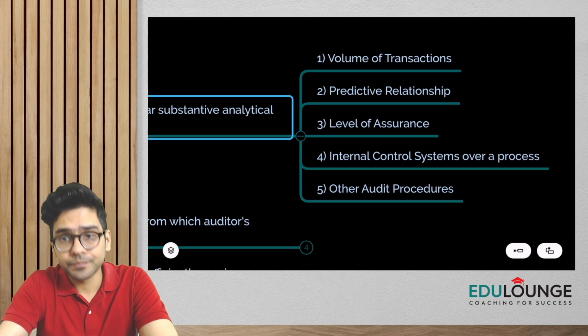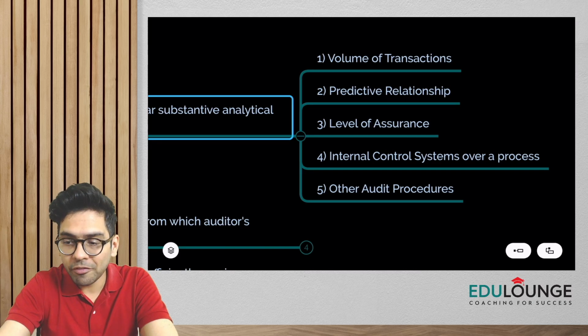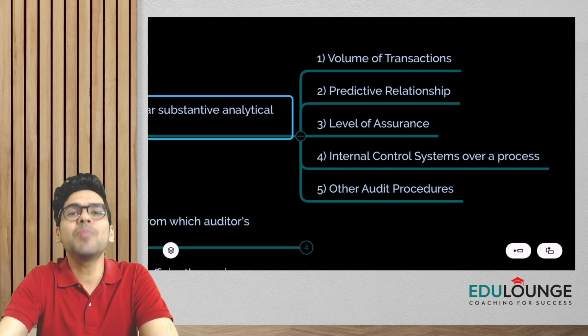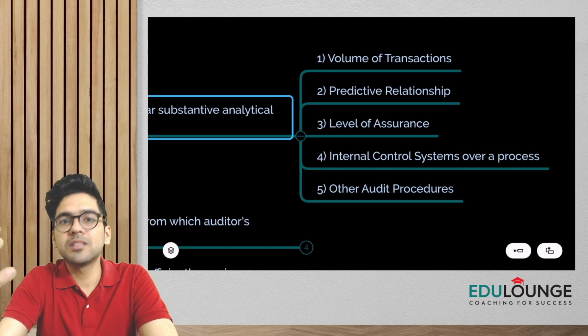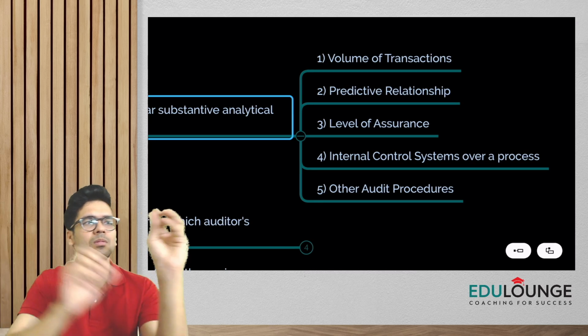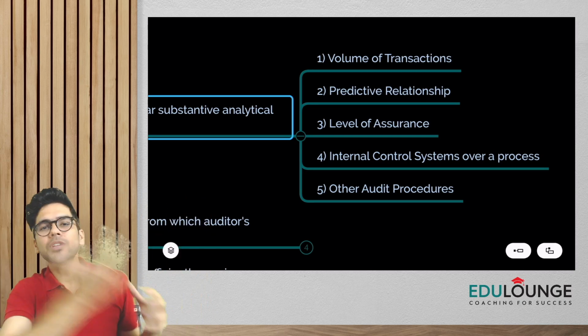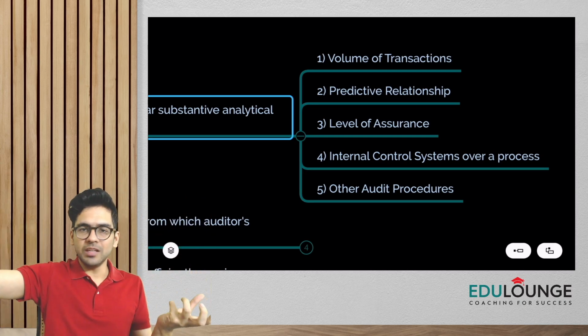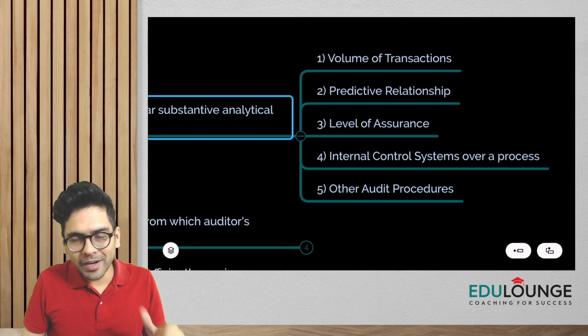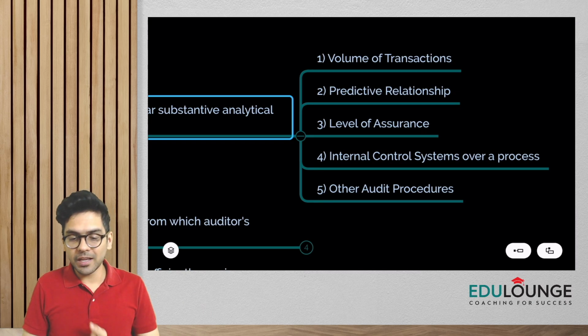Again, whenever you do analytical procedures, you have to see whether there is a predictable relationship. I mean, let's say comparing GST upon sales, somehow you can predict, right? GST is a percentage of the sales amount, so it's predictable. But you just can't predict legal expenses to sales. So if there is some predictable relationship, then only you are going to go with the ratio analytical procedure.